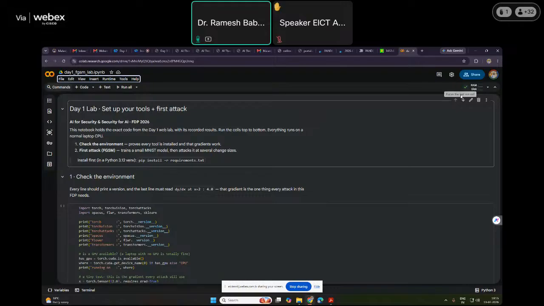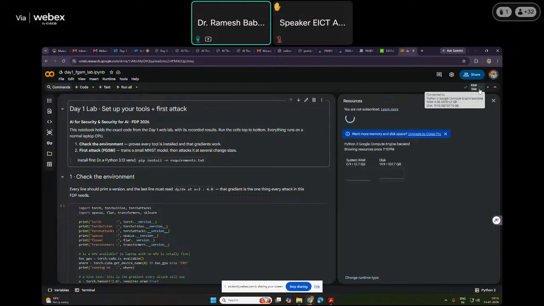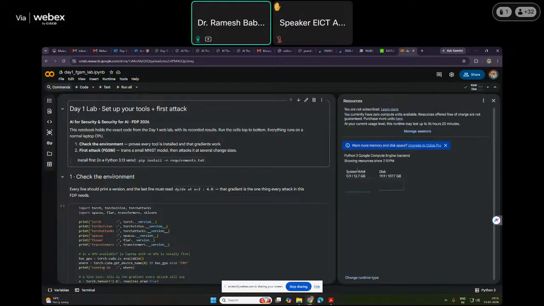Now you can see it is connected. When you click here, it will show you the RAM usage and disk usage. You can see there is 12 GB of RAM available for you and 107.7 GB of space on the disk. This is basically the virtual compute that Google is offering you.